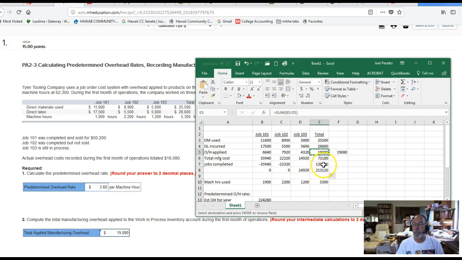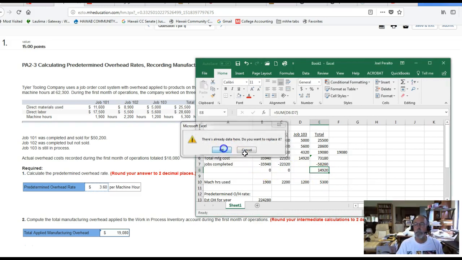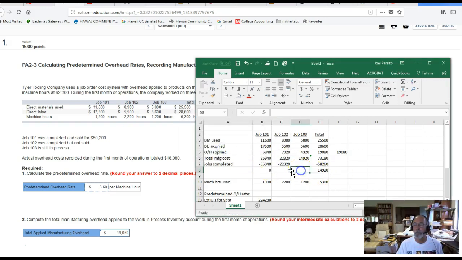I need this formula here for jobs that were... okay, that works.